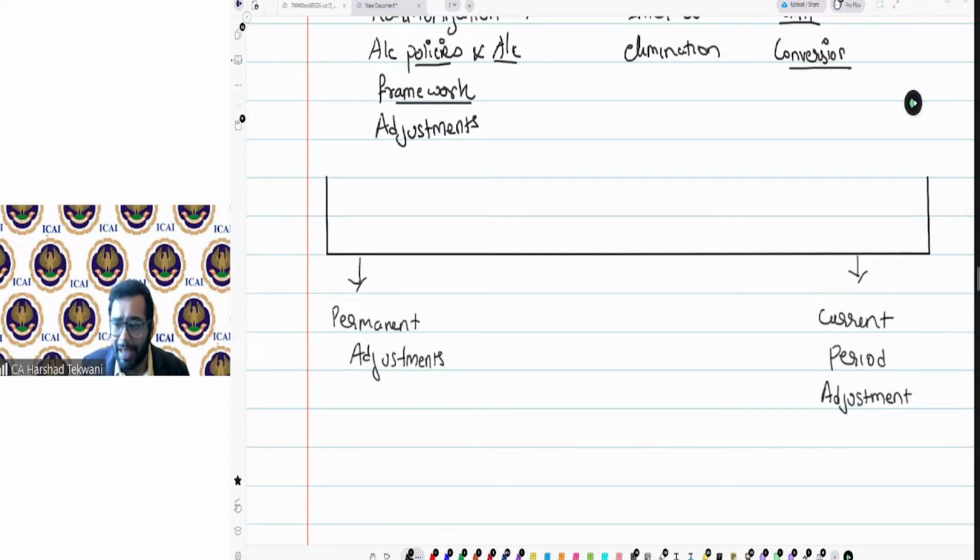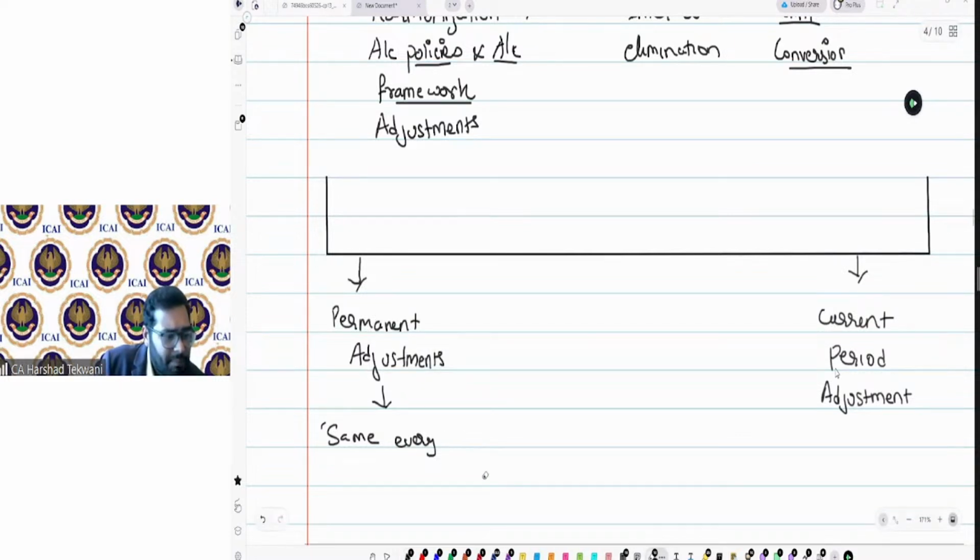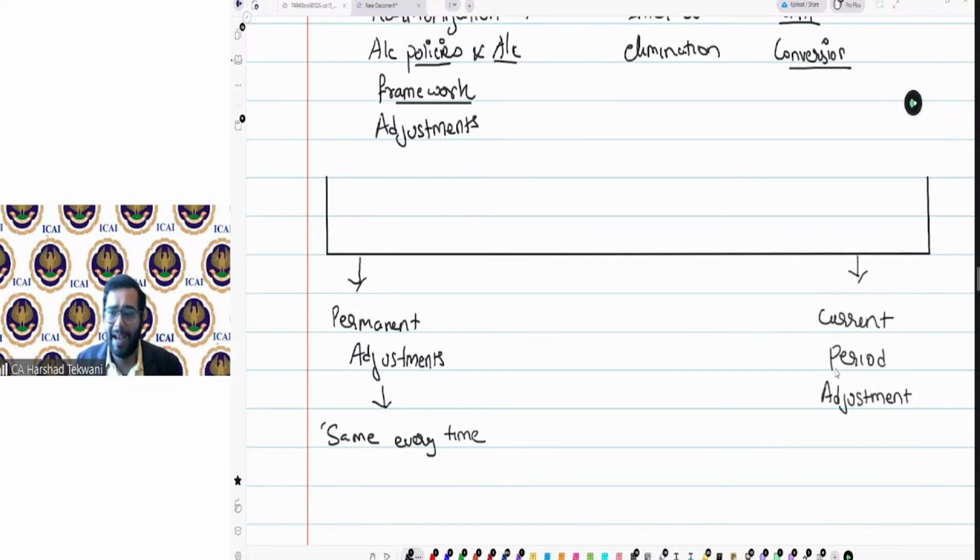So these are one-time adjustments that will remain the same throughout the consolidation, every year. I'll say every time, because you decide at the time of first consolidation or acquisition what the adjustment will be, and every year you pass the same adjustment.